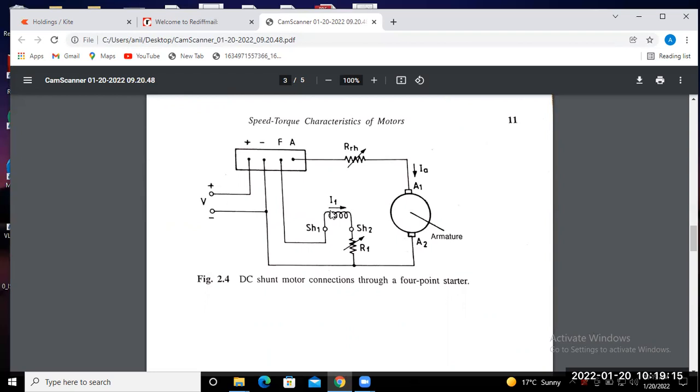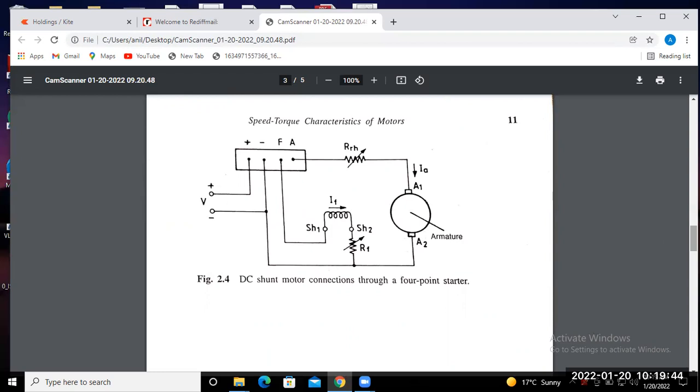So how can we derive the relation of speed with the torque developed in the shunt motor? Do you know what voltage equation we can write for this motor?